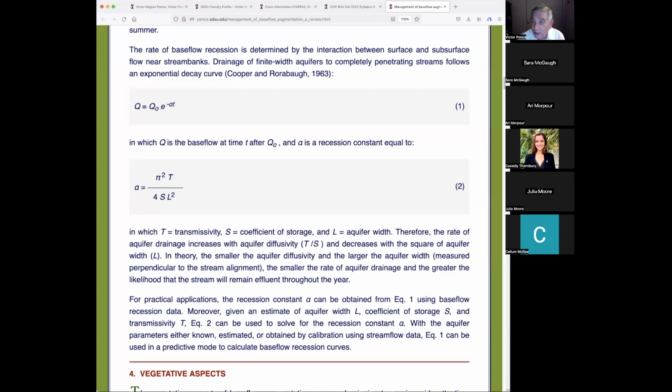Soils could take 20 years to drain, while an aquifer that is a rock formation could drain in a couple of months. Sure, because it goes by what we call convection as opposed to diffusion. Those are two terms in hydrodynamics that we use very commonly, and we are going to get into that starting next week, convection and diffusion. We'll get there.